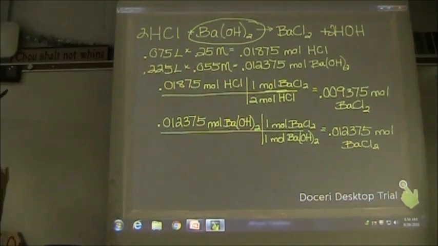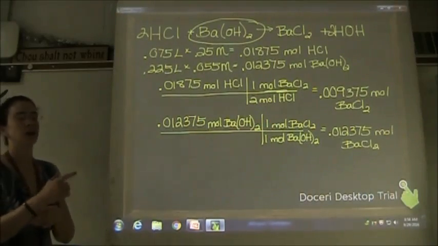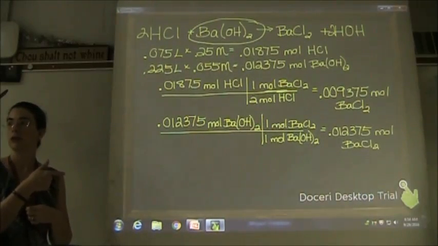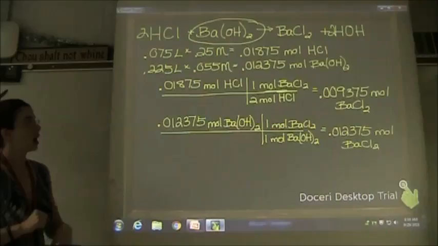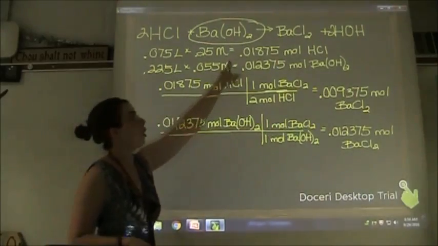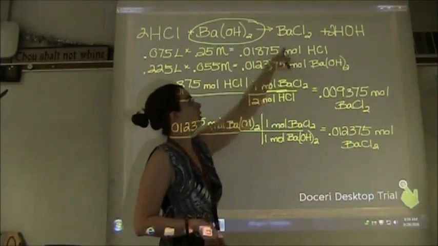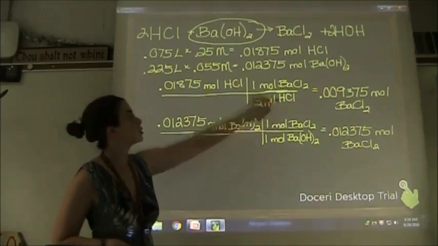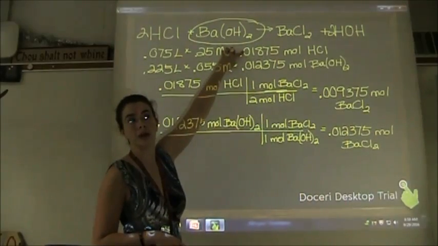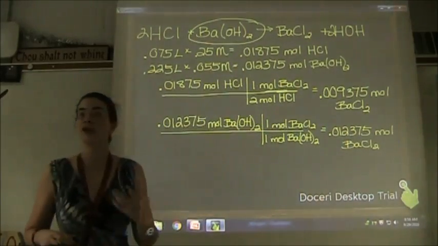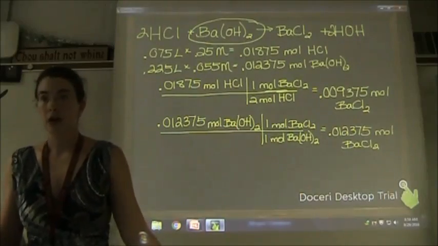Why do you want to start, and it's correct by the way, why do you want to start using HCl? You got it. I know that all of these moles are going to be used up, so let's use this number to see how many moles of barium hydroxide will be used up.